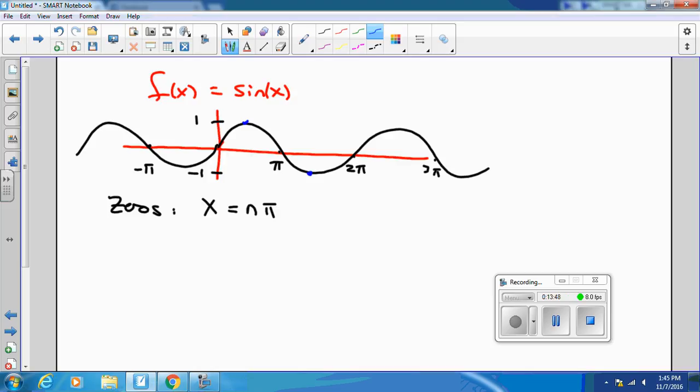Okay. And what about the locations of these minimum and maximum values? Pi over 2, 3 pi over 2, negative pi over 2.